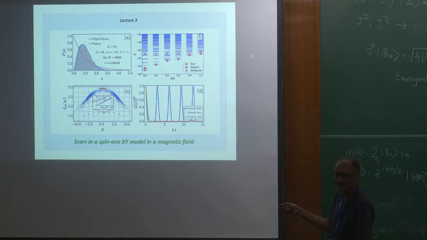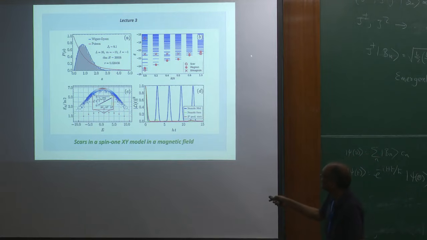This has large entanglement. However, there is this band of states which has incredibly low entanglement. You see these red dots? These go as log L, just as I mentioned. Even in the middle of the spectrum, where everything else is thermal, this stands out from the thermal band.